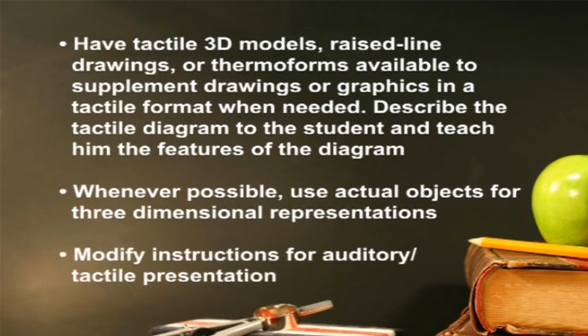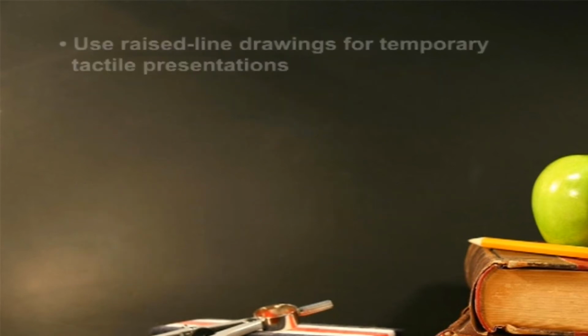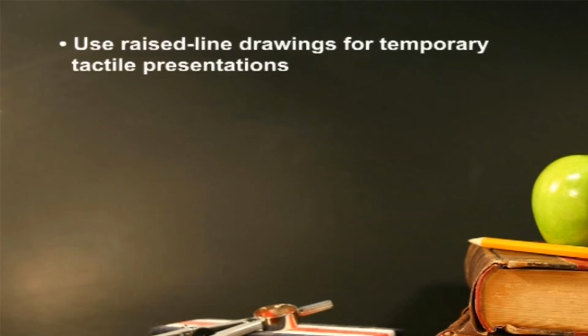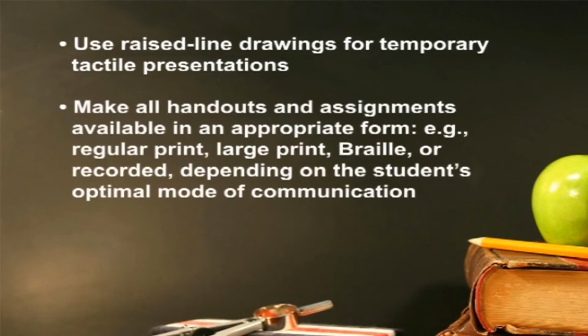Modify instructions for auditory or tactile presentation. Use raised line drawings for temporary tactile presentations. Make all handouts and assignments available in an appropriate form, for example regular print, large print, braille or recorded, depending on the student's optimal mode of communication.